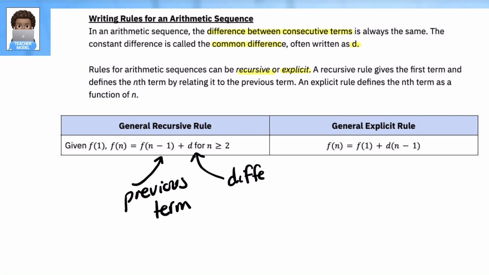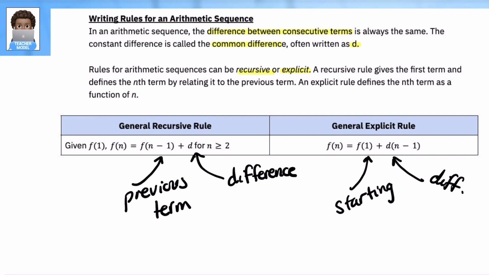And the difference could be a negative number if the number is getting smaller. Or in this case, for the explicit rule, we're starting with the starting number, and then you're taking the difference times the previous term. So that's the difference here.